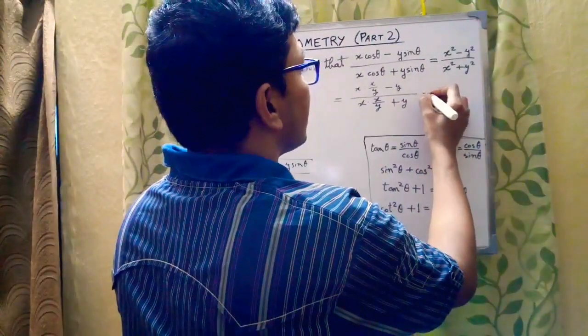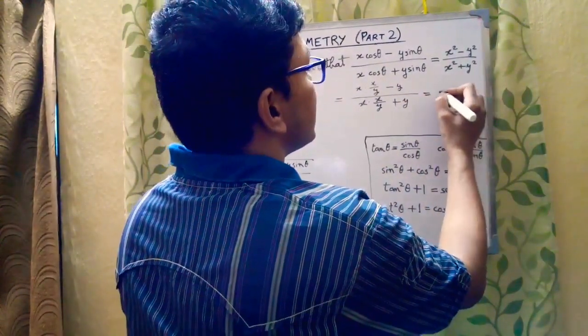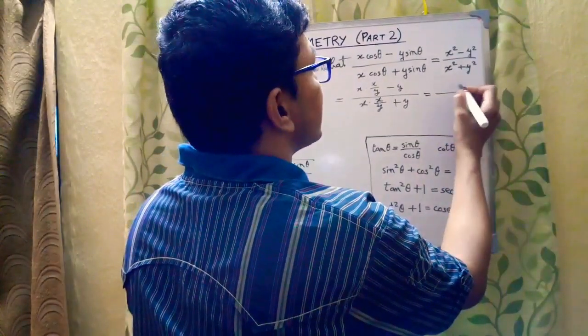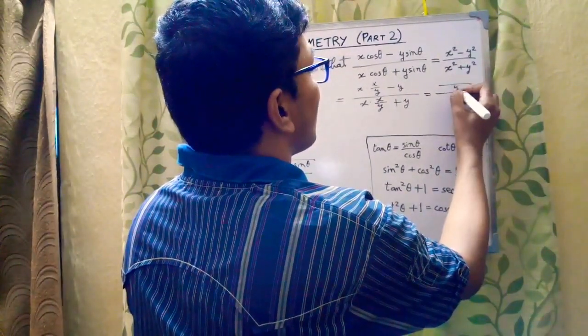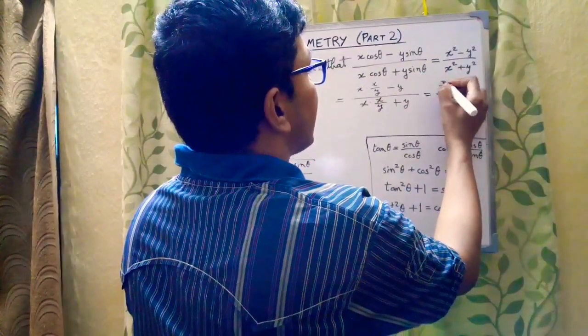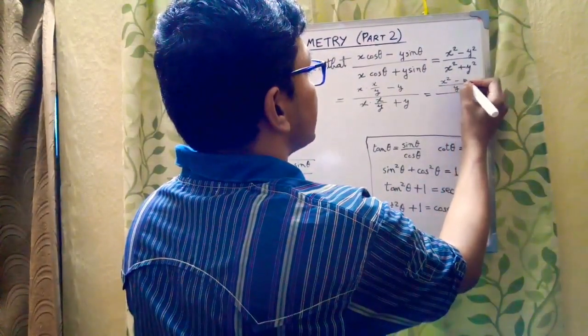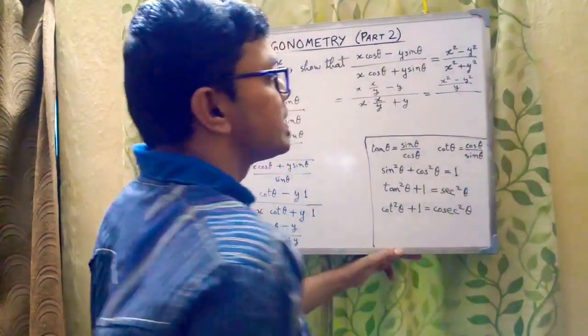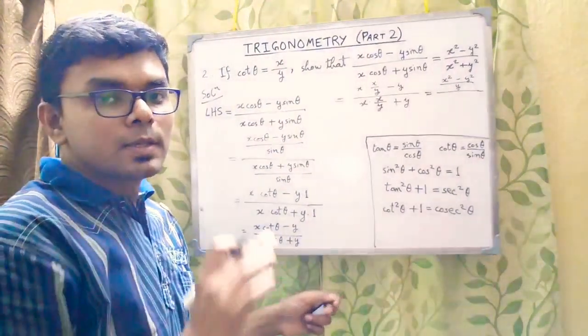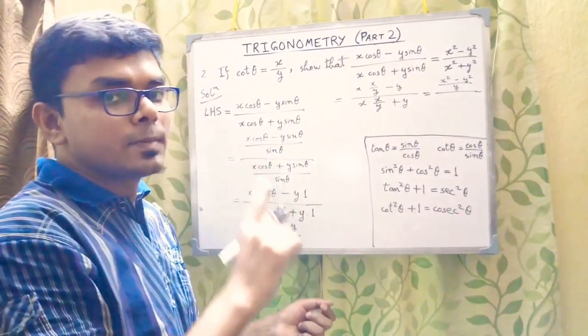Okay. Now if you do this simplification, you will get y as the denominator and x squared minus y squared. For this you have to know how to deal with subtraction or addition of algebraic fractions.